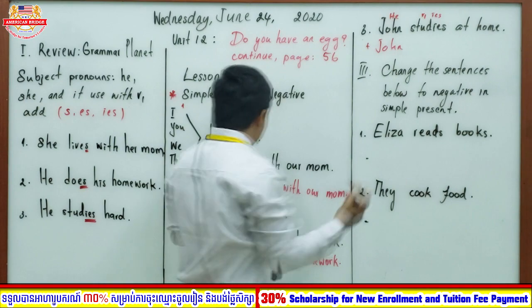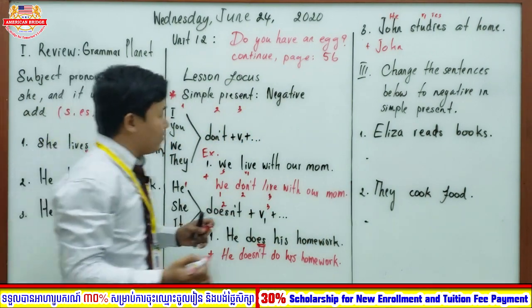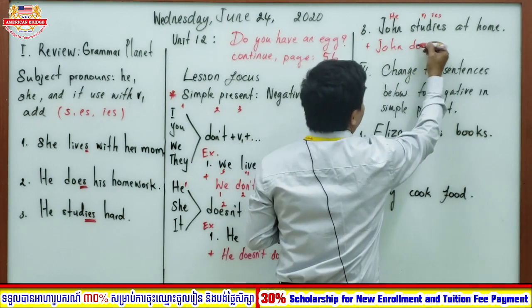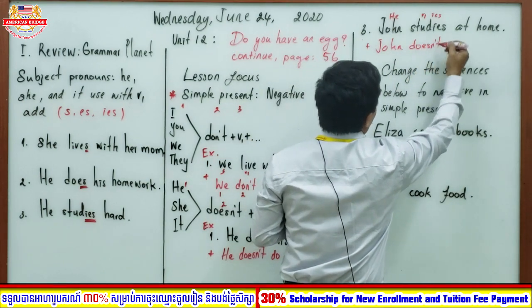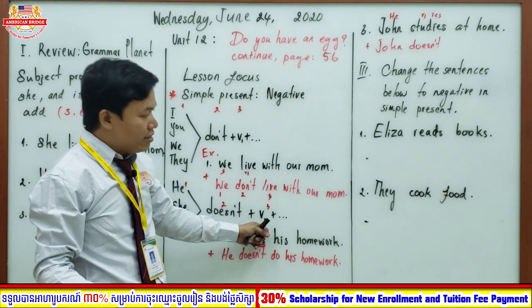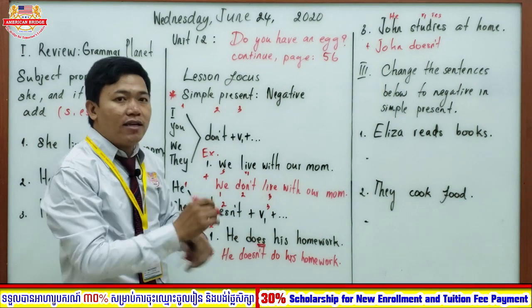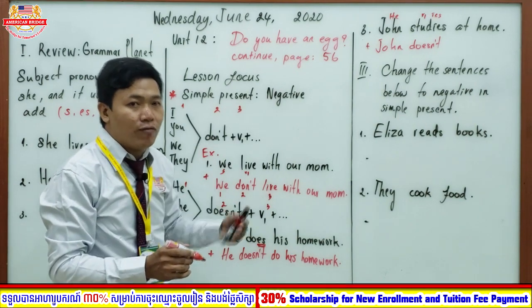John, and then the second one is doesn't, right? John doesn't. And then verb 1. Here in verb 1, no adding S, ES or IES, which means it doesn't change anything. We put the original one.